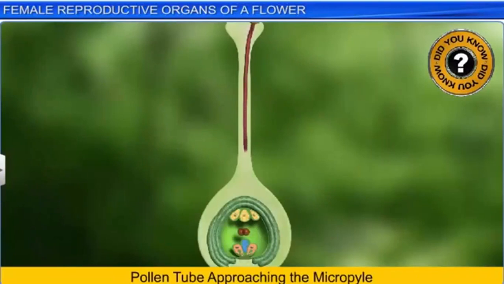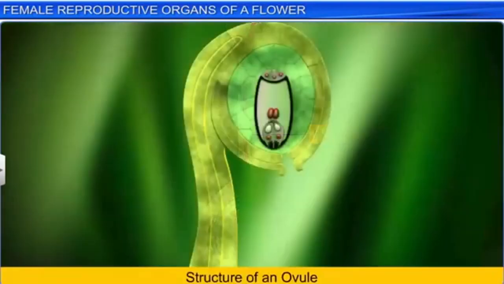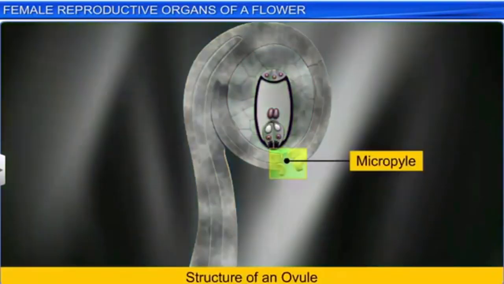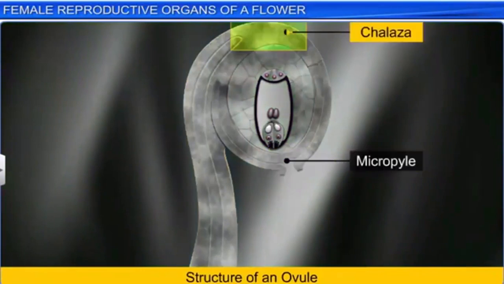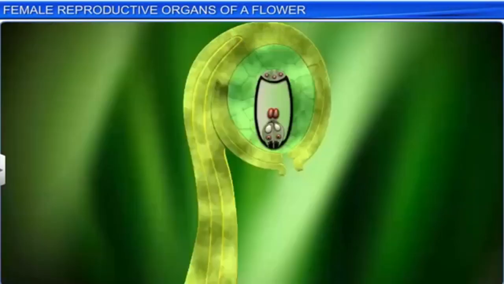After pollination, the pollen tube enters into the ovule through this micropylar region. Opposite the micropylar region is the chalaza. It's the basal part of the ovule. It is present in between the funicle and the integuments.